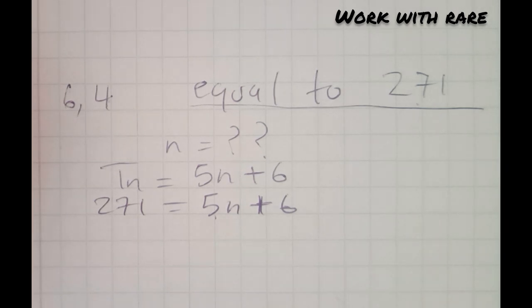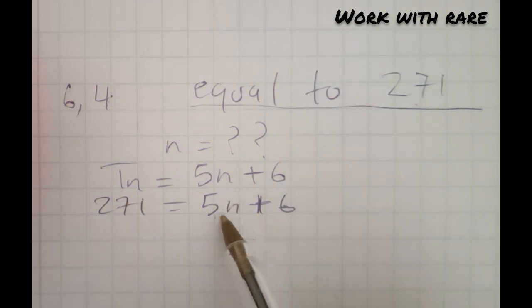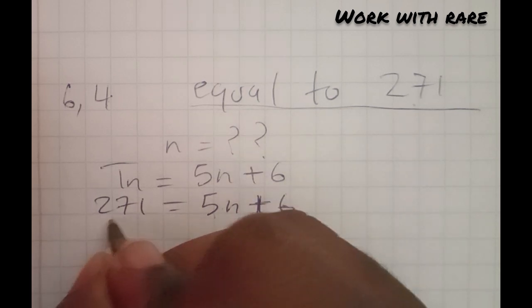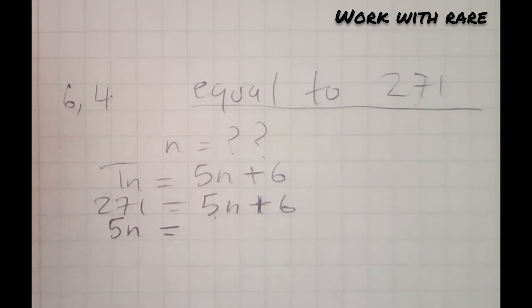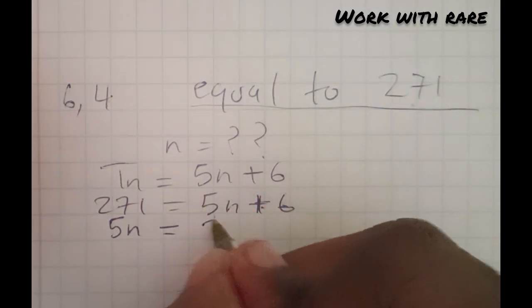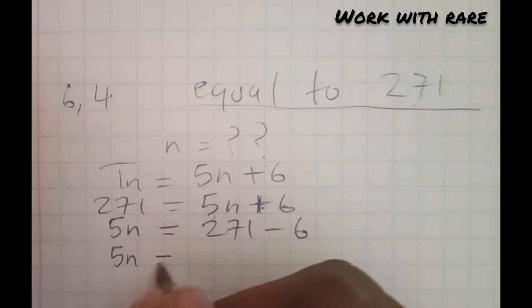So I will take 6 to the opposite side. Let me put my 5n on the left hand side, because normally in maths you should have the unknown on the left hand side. If I take 6 to the opposite side, it was positive, so it will be negative. So it's 271 minus 6. So here I have 5n.